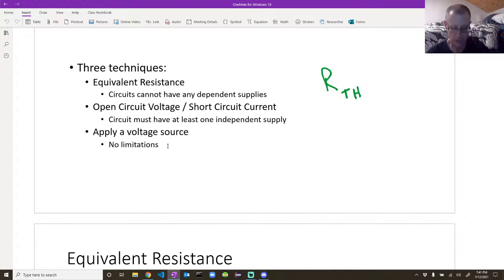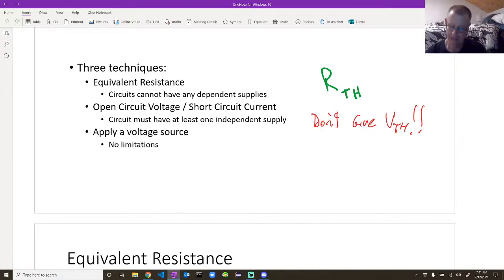They don't give you the Thevenin voltage. Any ideas how to get the Thevenin voltage?